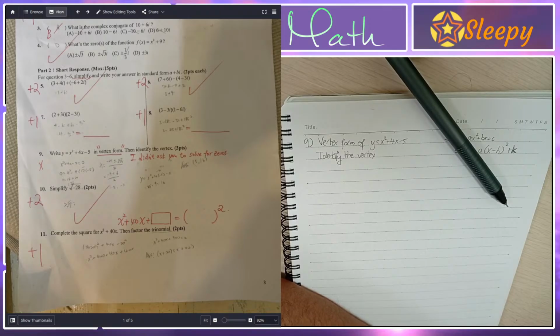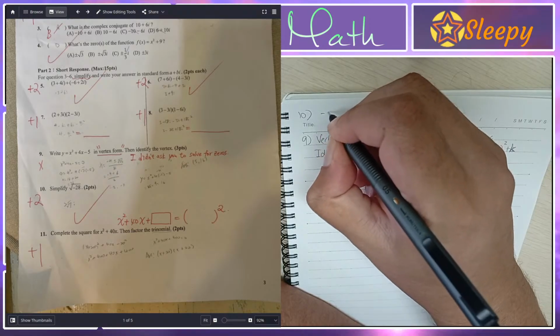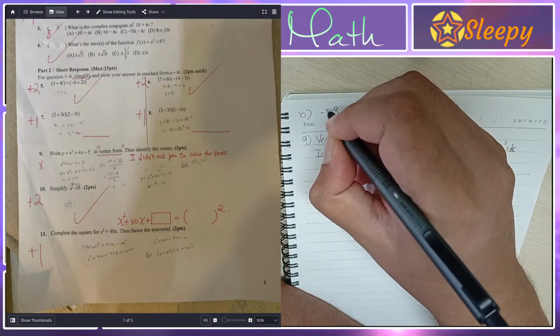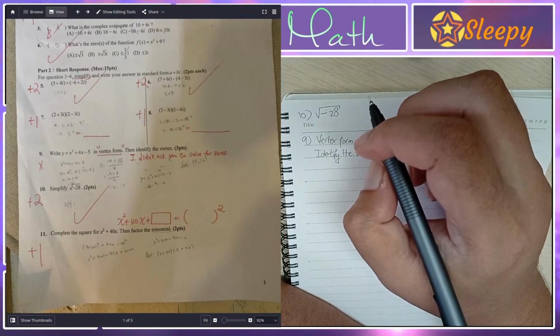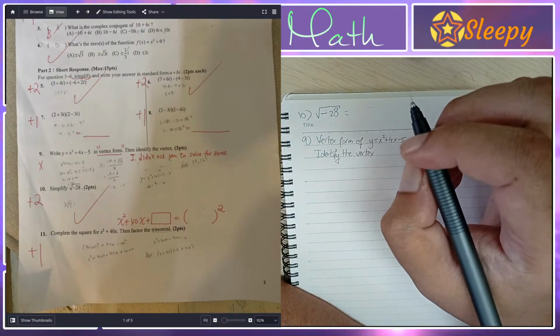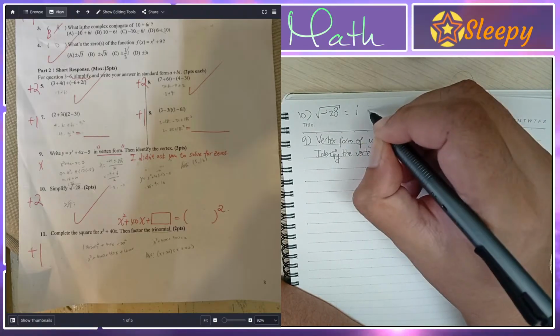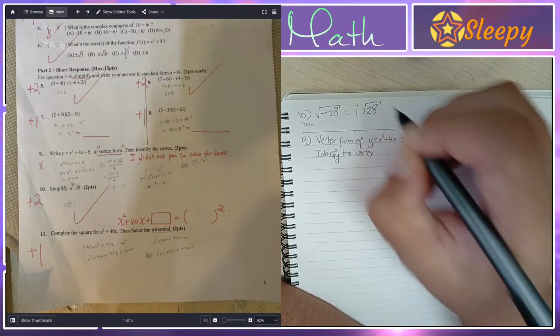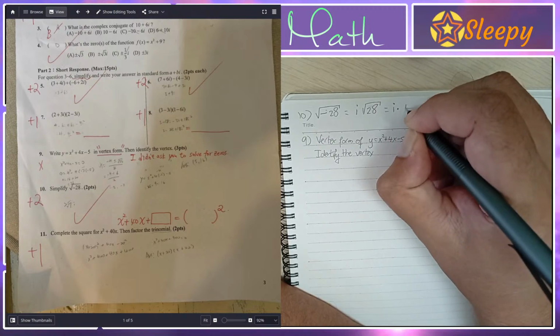Okay, so 10 is easy, right? I'll just write it down here. Simplify the square root of minus 28. Which is i times the square root of 28, which is 2i root 7.